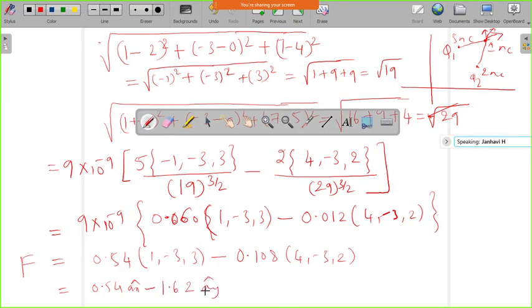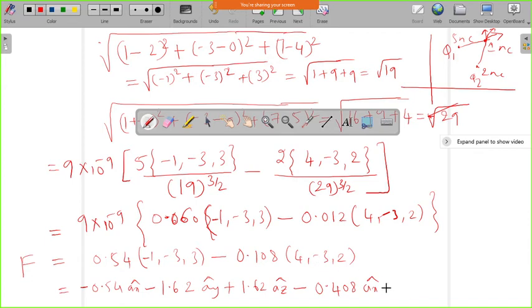Minus 0.54, sir. This one is minus 1, no? So minus 1 and this is minus. Okay, so the Z component, again it is plus 1.62 AZ. Now multiply 4 into 0.108, so it is minus 0.432 AX.